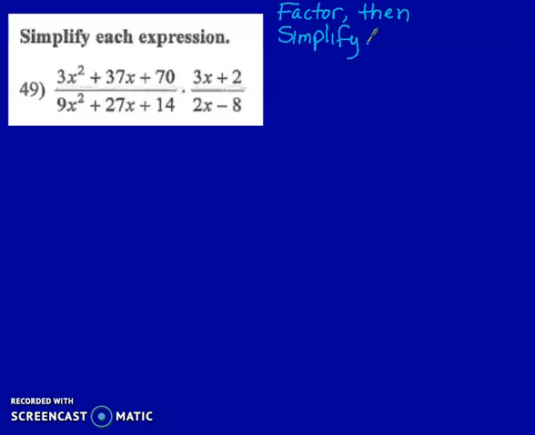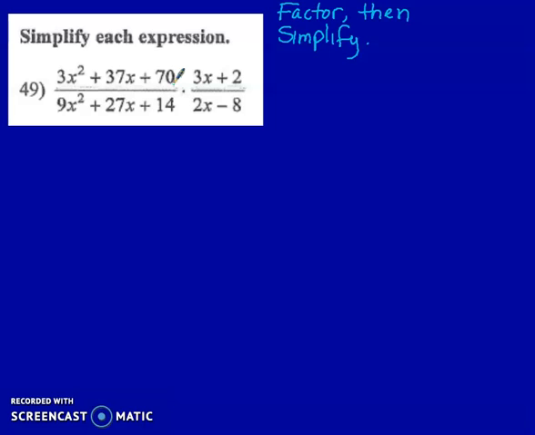Now factoring means take each part. We're going to take this numerator here and factor it first. Now factoring is not part of the intent to teach this lesson, so if you need help factoring, go back to video number 1.